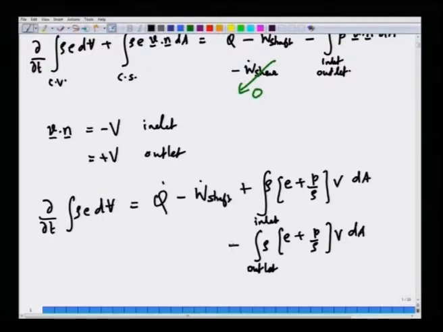So, this minus sign stays here. Okay. So, this is the integral energy balance.